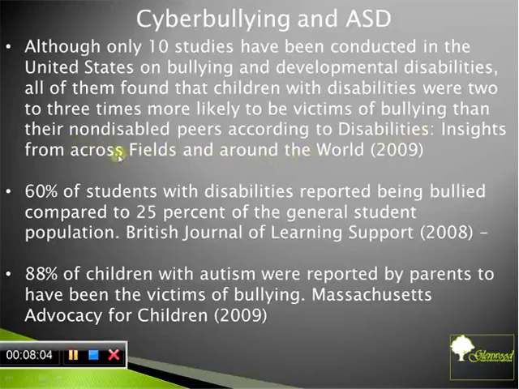This came from insights from across fields and around the world in 2009. 60% of students with disabilities reported being bullied, compared to 25% of the general student population. 88% of children with autism were reported by parents to have been victims of bullying.